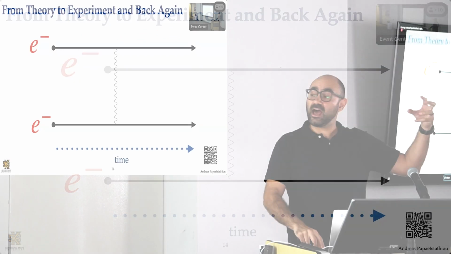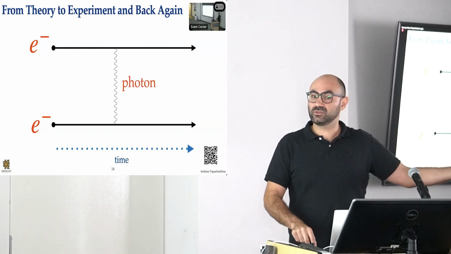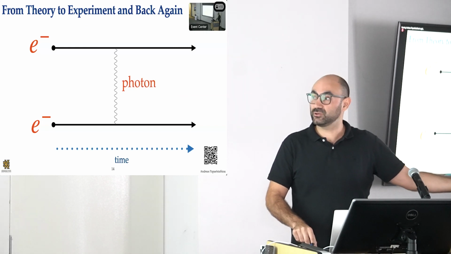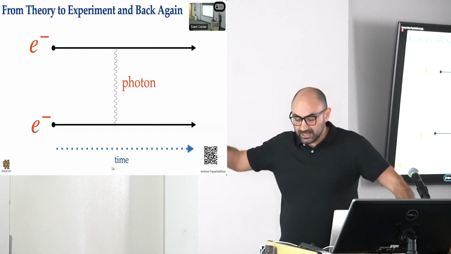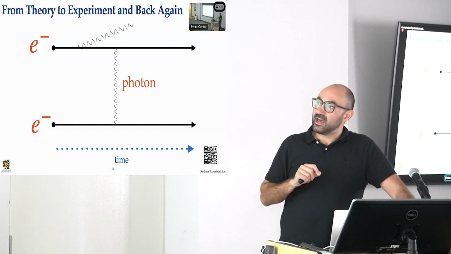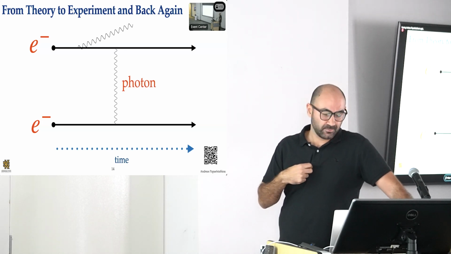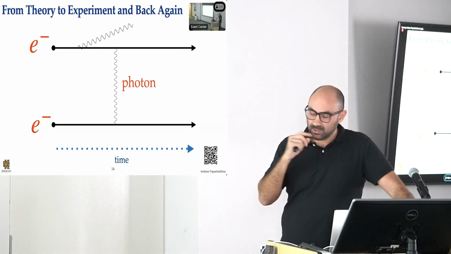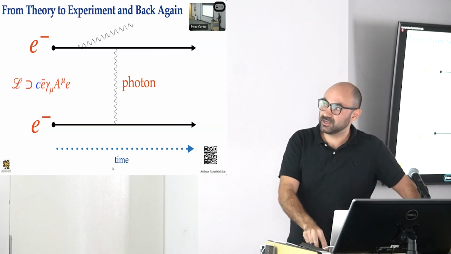So how do they interact? They interact by exchanging a particle which corresponds to the electromagnetic force, which is a photon. Of course, the photons and electrons interact, so you can have this electron emitting, as an example, a photon. I'm telling you what this looks like in terms of theory.